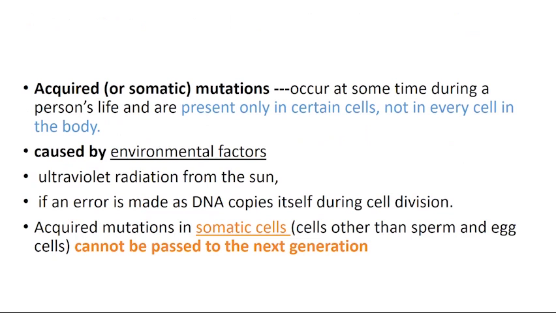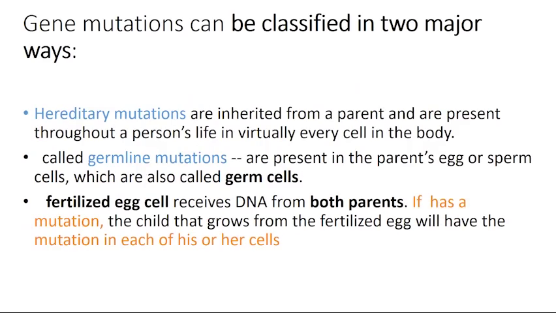Sex cells are different, because they are going to pass to the baby. So if there is a mutation in the sex cell, it is going to pass on, and every generation is going to have it. But acquired ones will not pass on. It is just the genetic ones which are going to pass through.